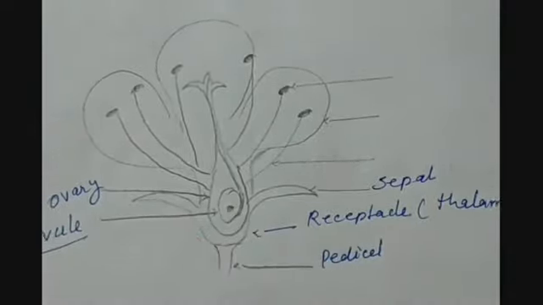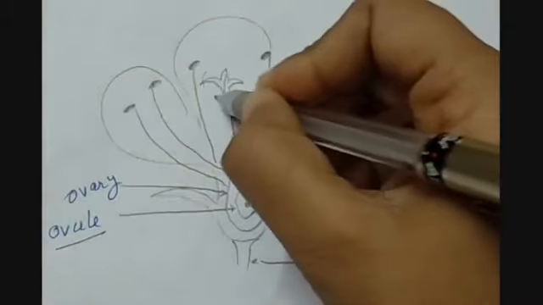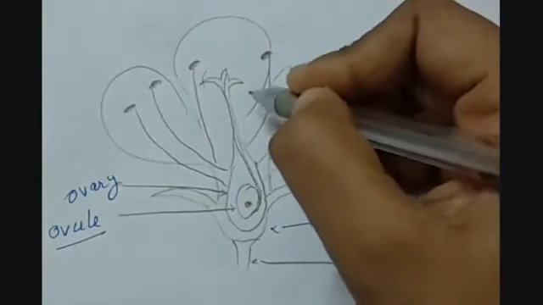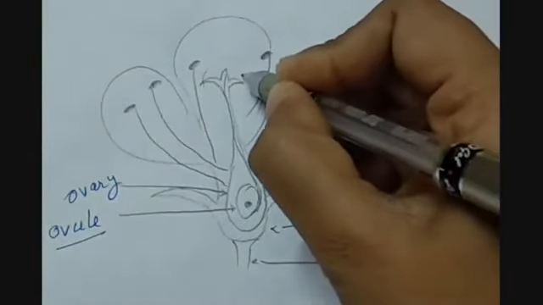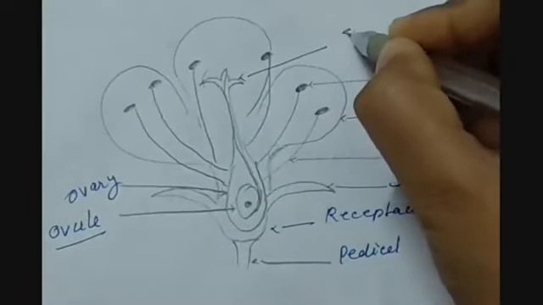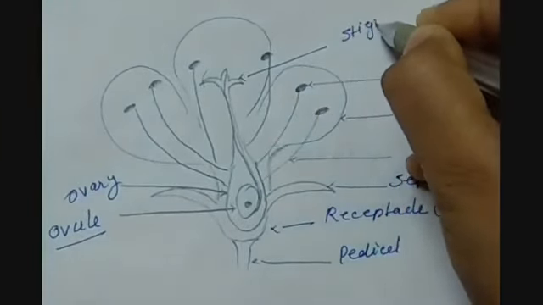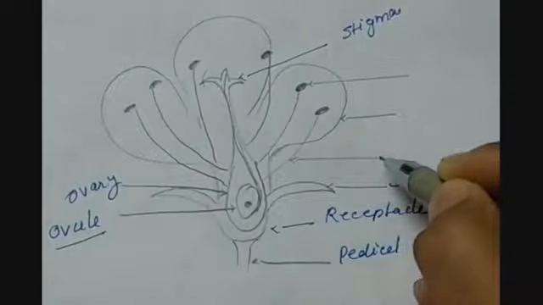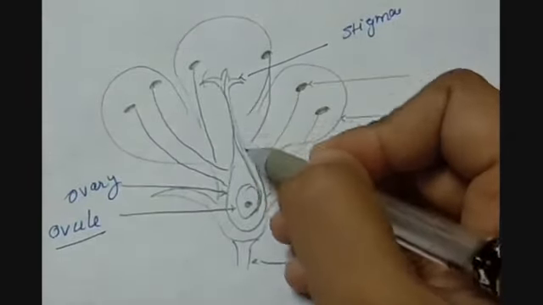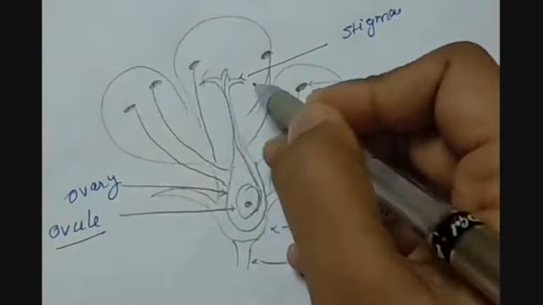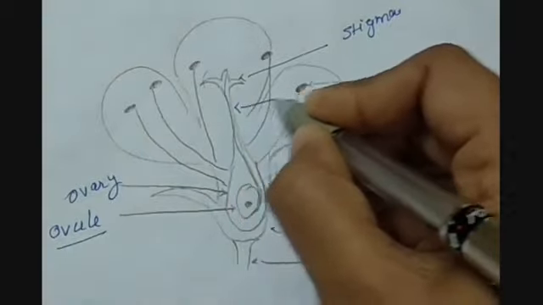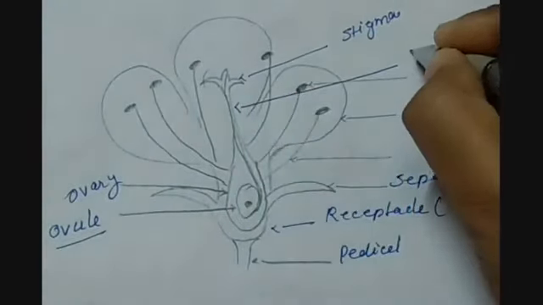Then you will find a projection here. This part of the flower is called the stigma. And this structure which is supporting the stigma is called the style.